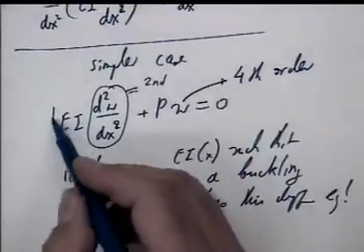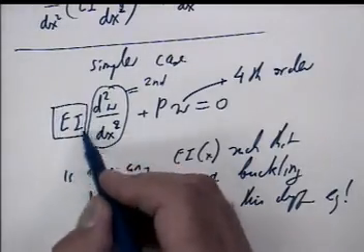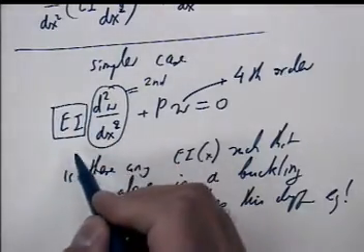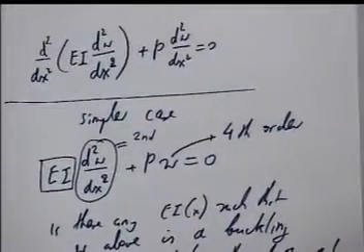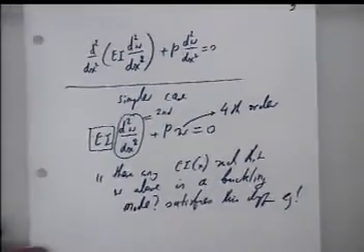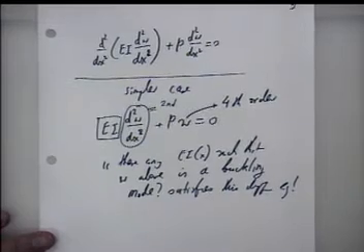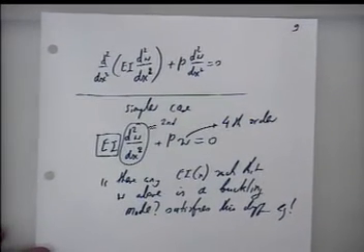So what kind of polynomial should EI be to satisfy, at least in orders? What order polynomial should it be?